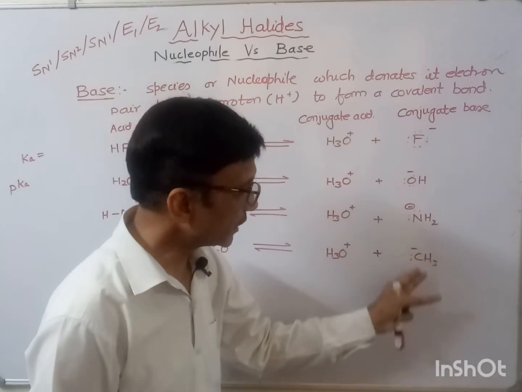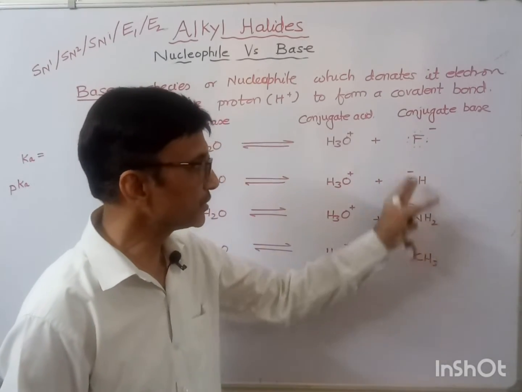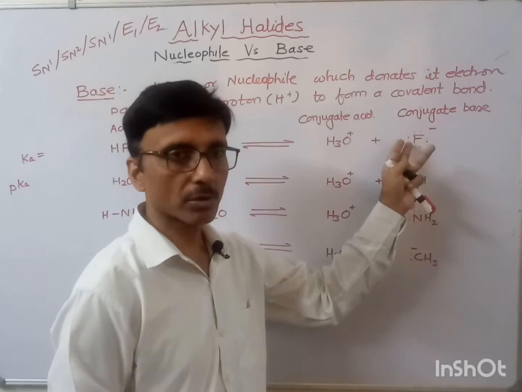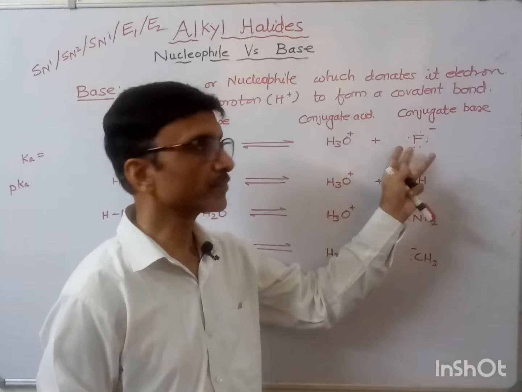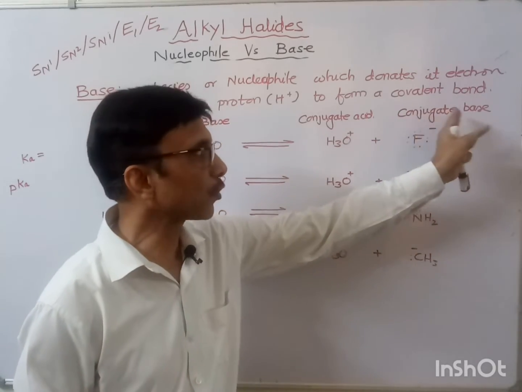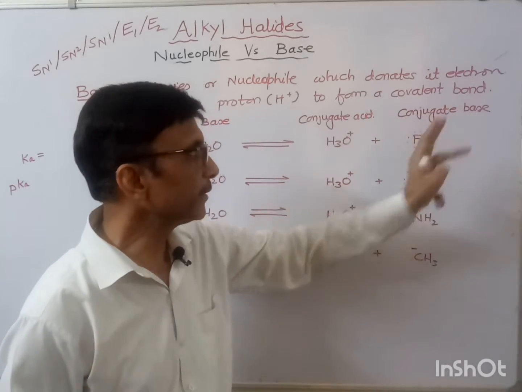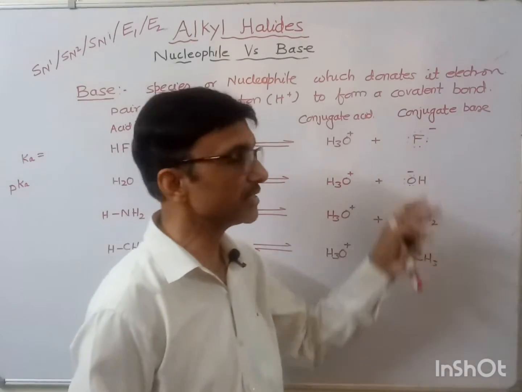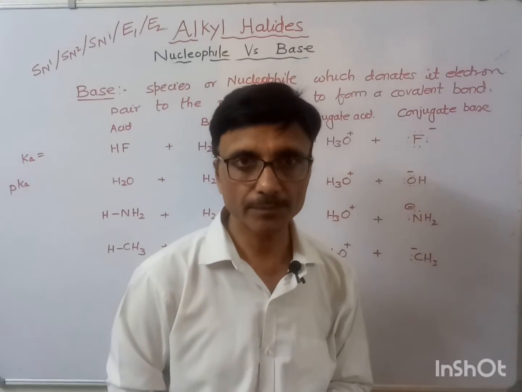So, out of these 4 negatively charged species, which is the most stable species? As this is a base, this is a conjugate base. So which conjugate base is more stable?